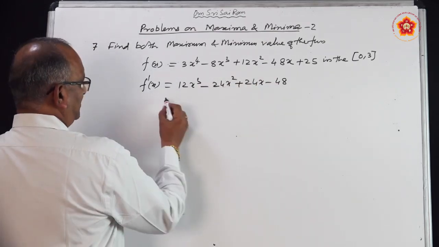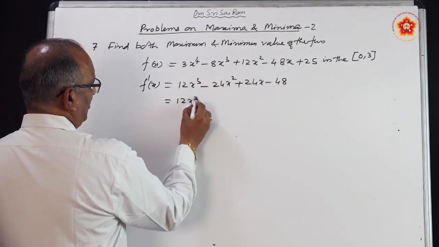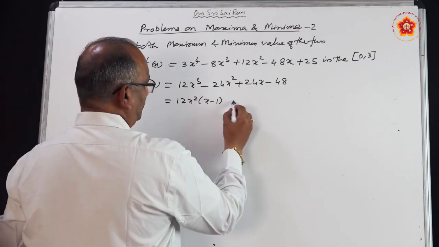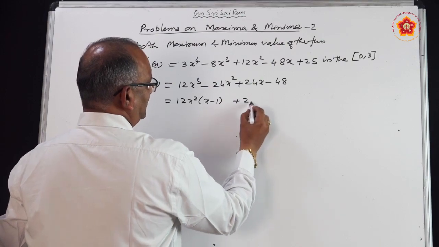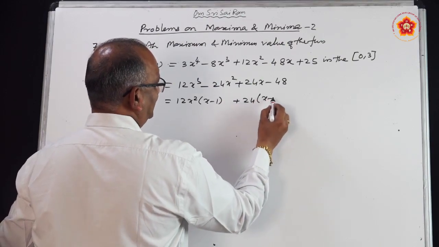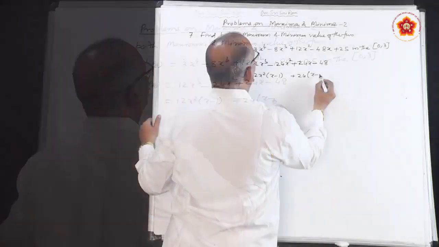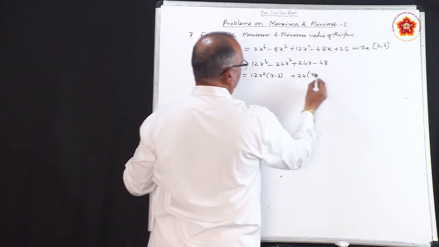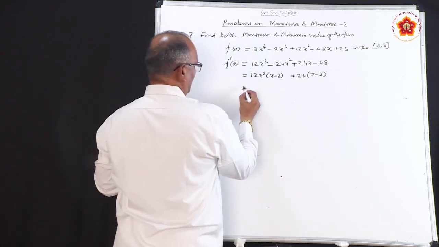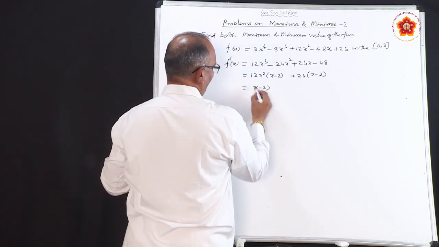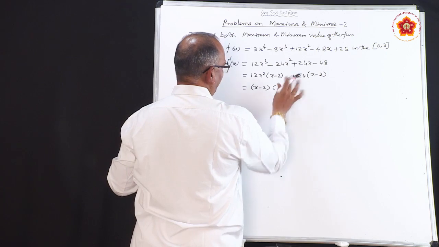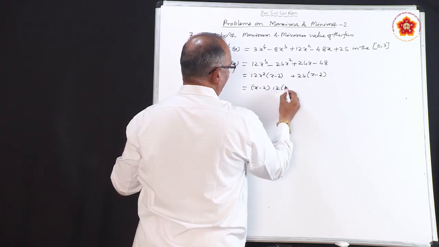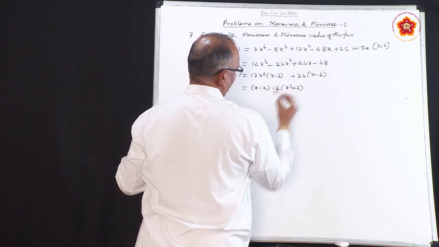In the first two terms you find 12x square common, so you get x minus 1... in these two, 24 is common, you get x minus 2, because 12 we have taken common. So we get x minus 2 as one factor, and the other factor, taking 12 common, is x square plus 2.